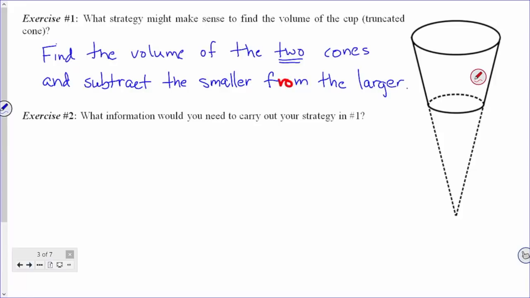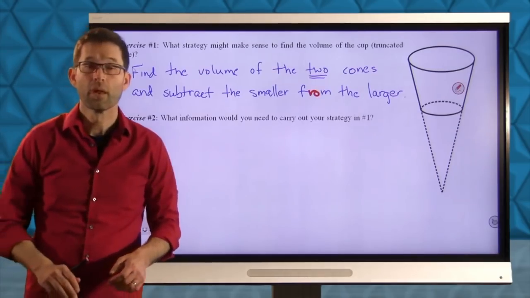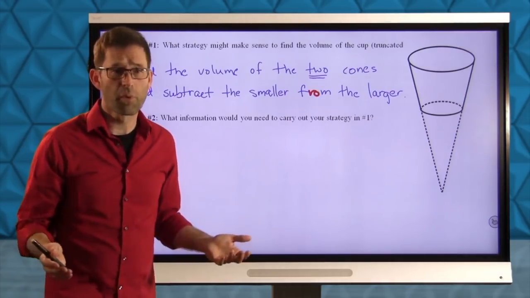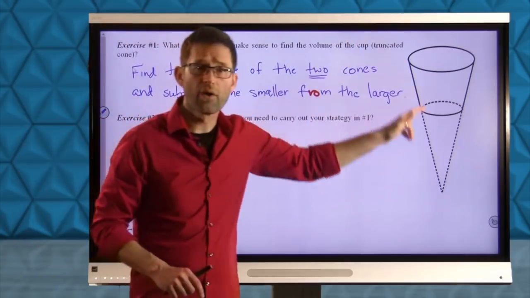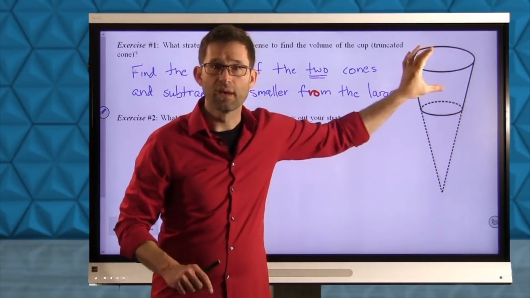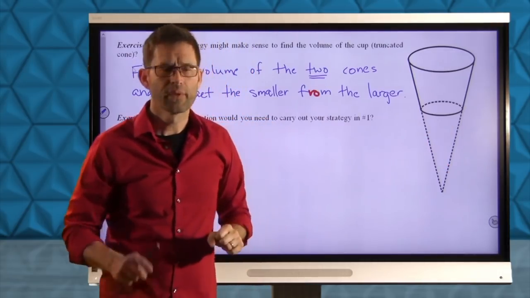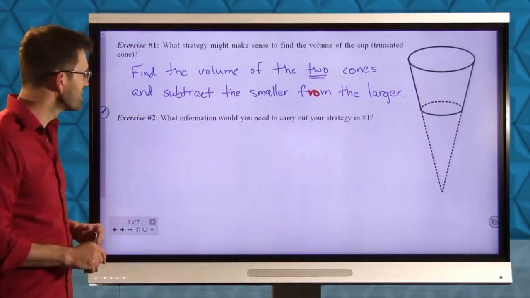Maybe we'll even just leave the red there. That's it. It's very simple. The whole is the sum of its parts. The entire whole is the sum of the upper part, which is actually what we care about, plus that lower part.